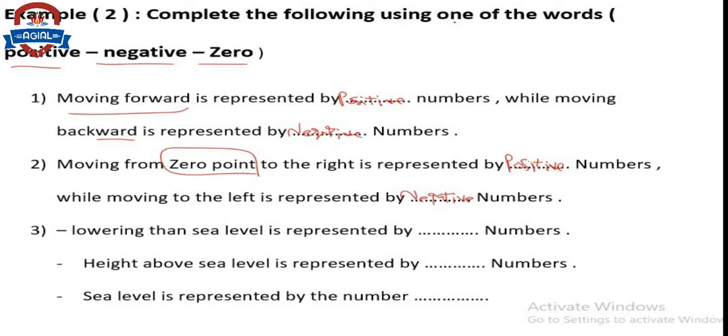On the number line the middle point is 0, and when we move to the right it is represented by positive numbers, and when we move left it is represented by negative numbers.